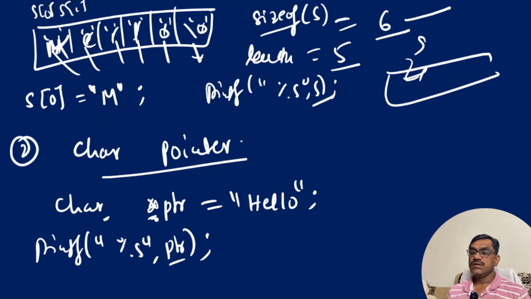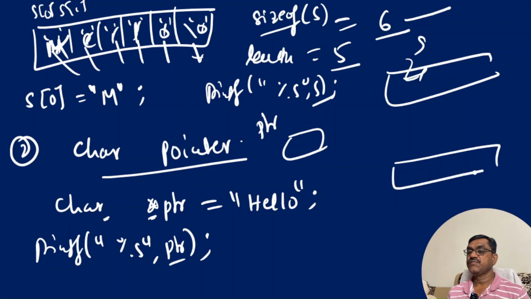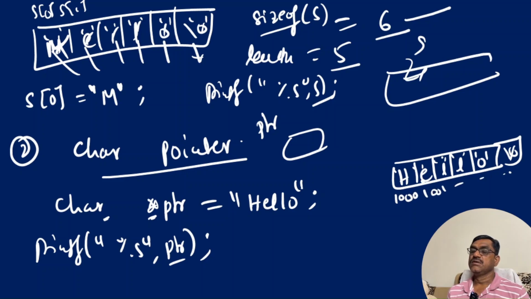But here, when we say char star ptr, there is a variable called ptr, and there is a space for the hello, an unknown space in which we store hello, and the last character, we know, is the null character. Now, H has the base address. Assume that these are the addresses. The base address means the address of the first character H is stored in this pointer ptr. How much? 1000.